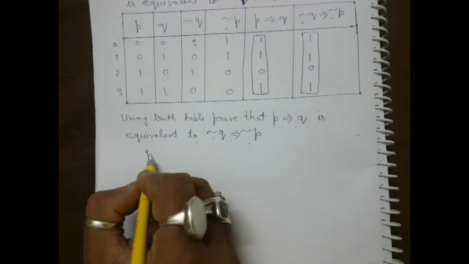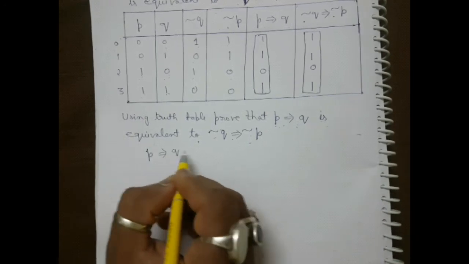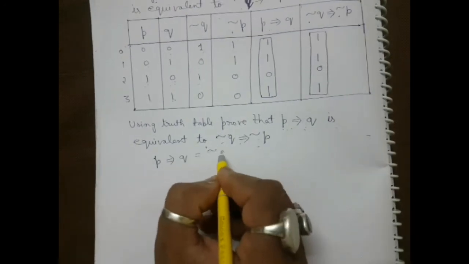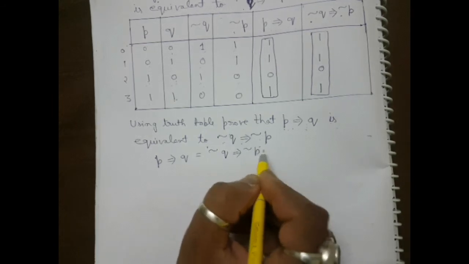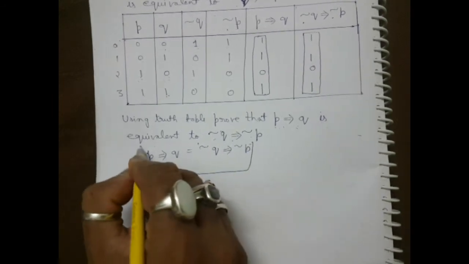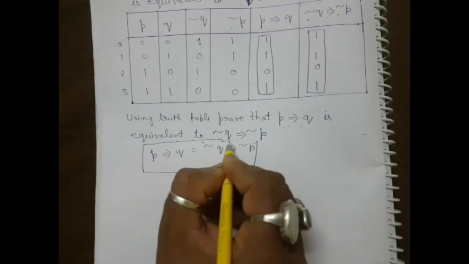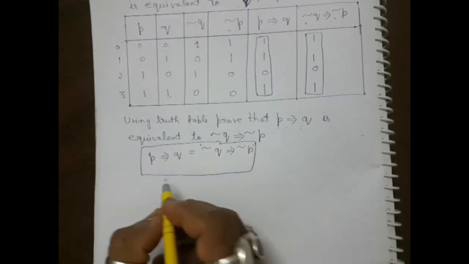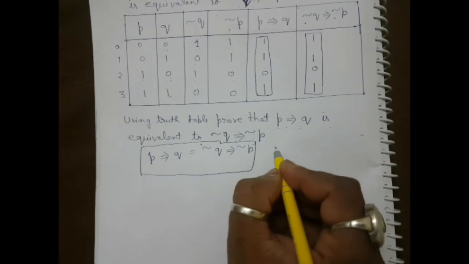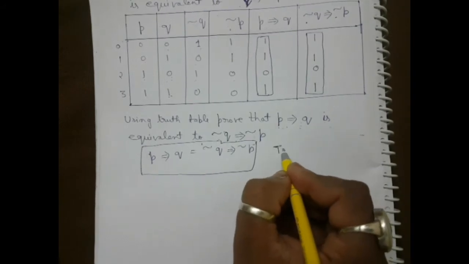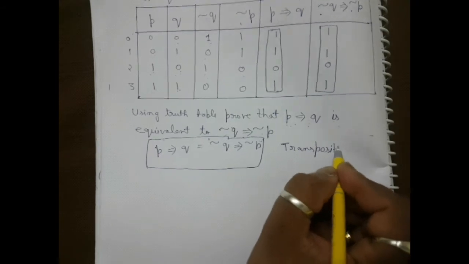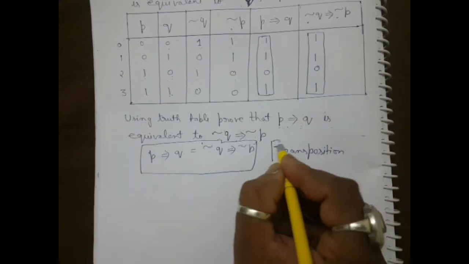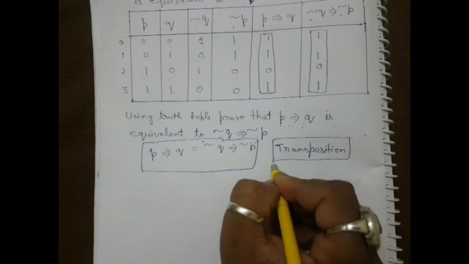So p conditional q is equal to not q conditional not p, and this is actually a rule, and this rule is called transposition. Always remember that, students. This rule is called transposition.